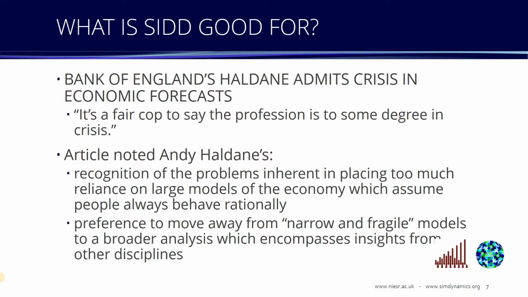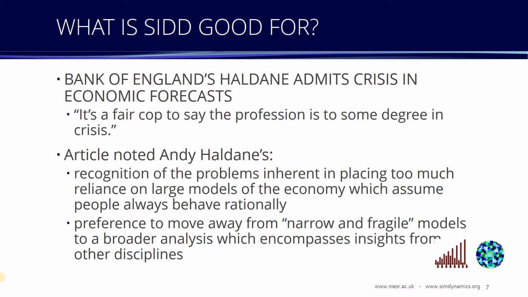Now, Mr. Haldane's comments refer explicitly, presumably, to the models that the Bank of England maintains in order to generate its forecasts. But the same sort of points could be leveled at the kind of modeling that is associated with this website.